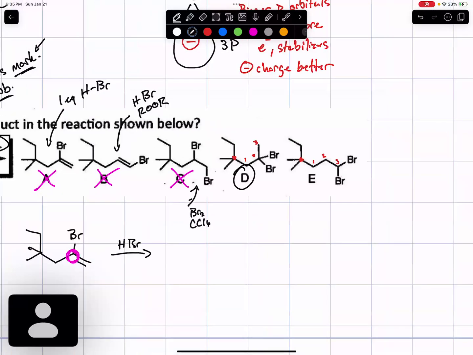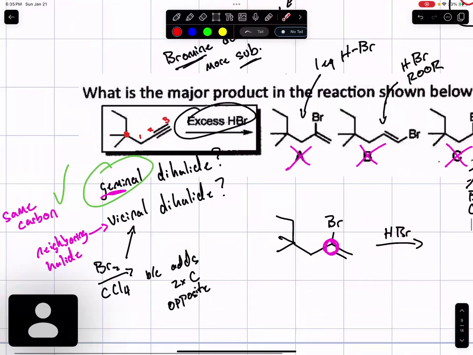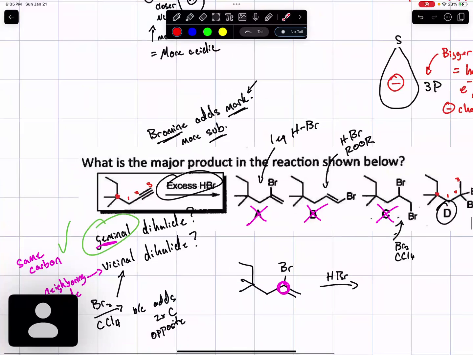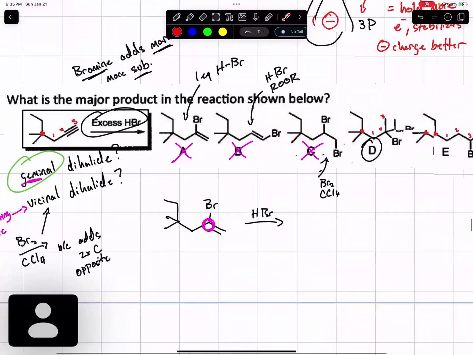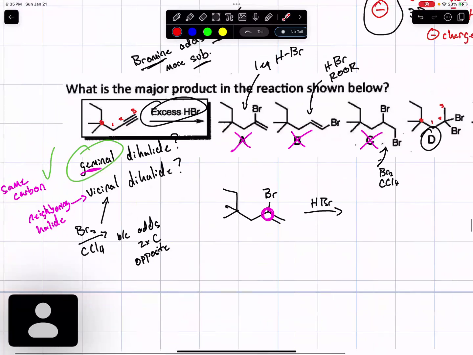Okay? So just a quick recap. We first identify our reagent. Our reagent is excess HBr. We understand that HBr adds bromine to the more substituted side, and it's also going to add geminal.